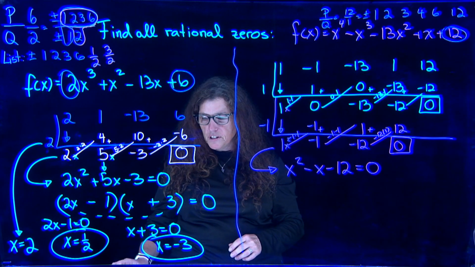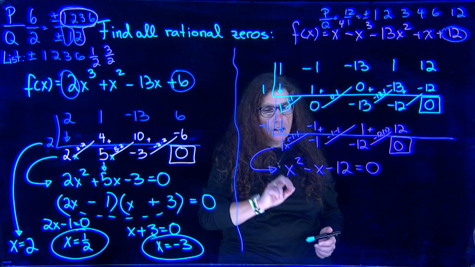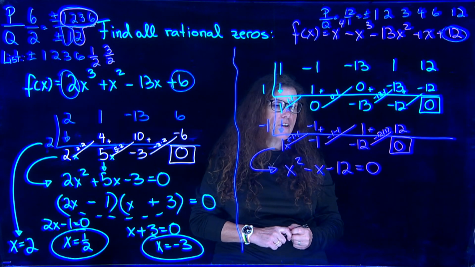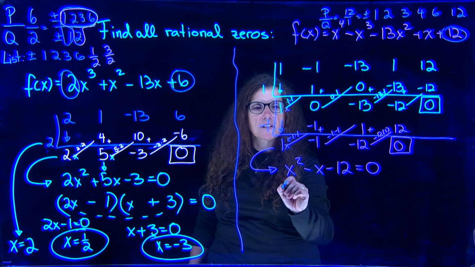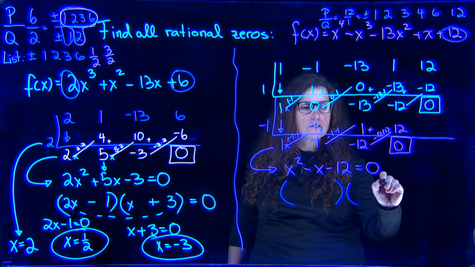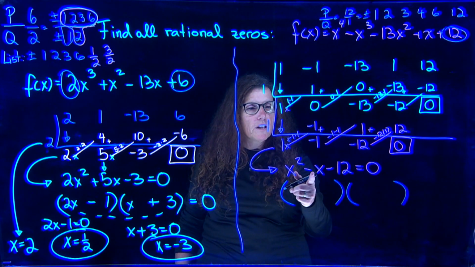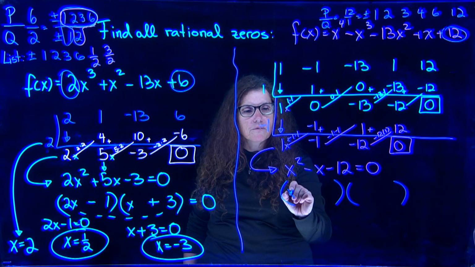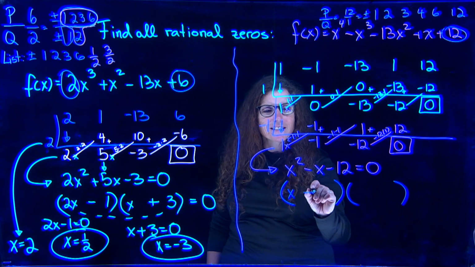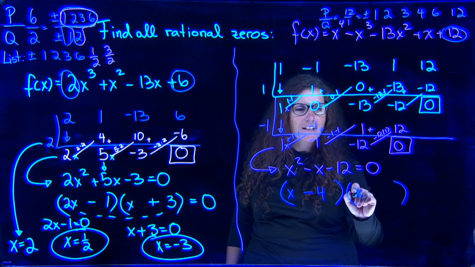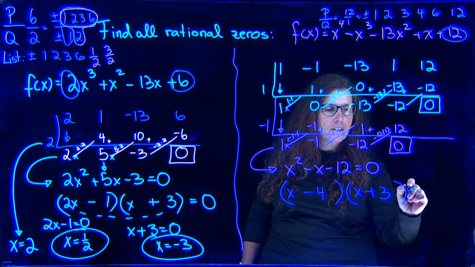have to solve either by quadratic formula or factoring. It just so happens that we can factor this one. We need a negative 12 and a negative 1, so we factor this into x minus 4 times x plus 3.